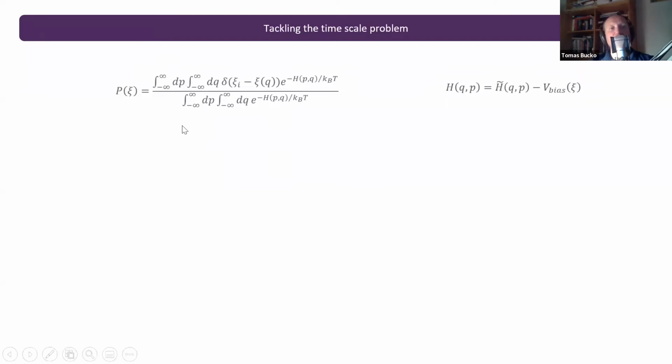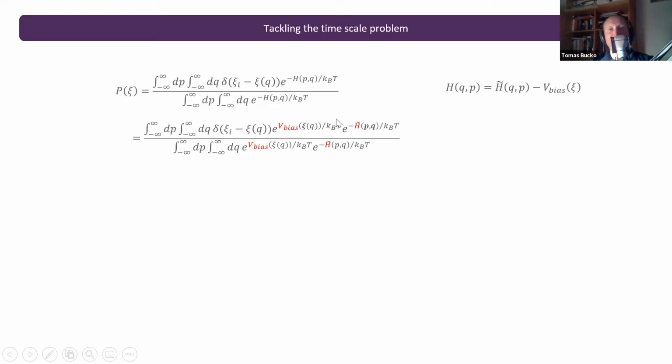So let's start from the unbiased probability distribution, with the unbiased Hamiltonian. Here we express the unbiased Hamiltonian as biased minus bias potential, plug it into the formula, and this is what we get. Now we realize that the action of the delta function here is that it selects, out of all psi as functions of positions, only those values which correspond to psi i.